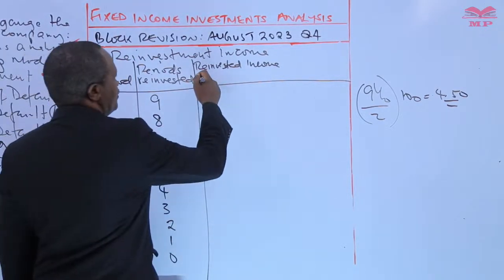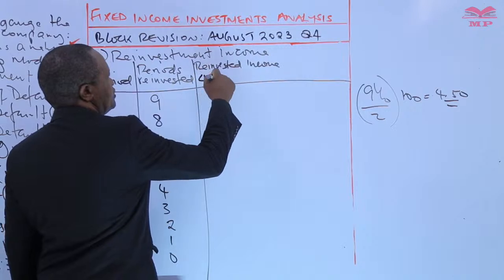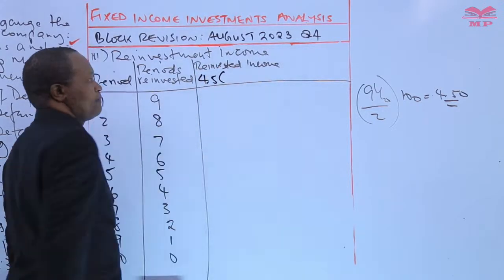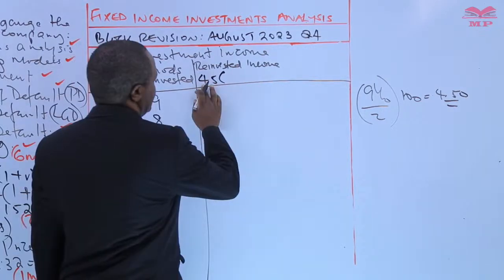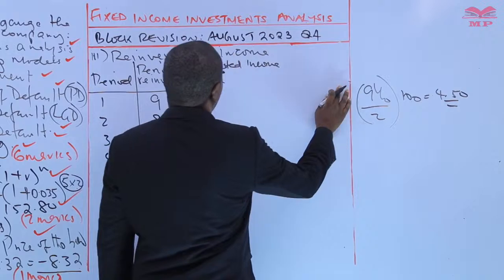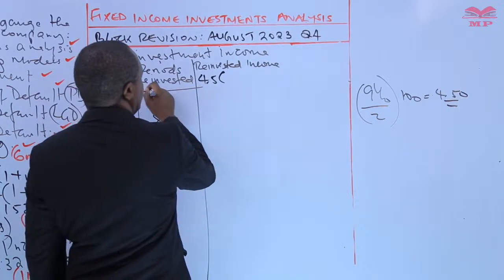So this 4.5 is going to be reinvested, and we need to determine the amount of the reinvestment income.